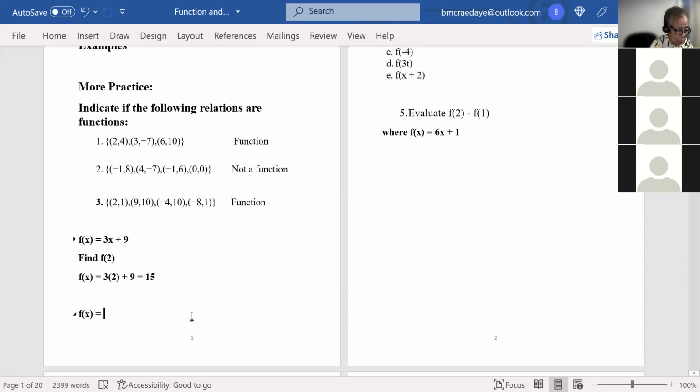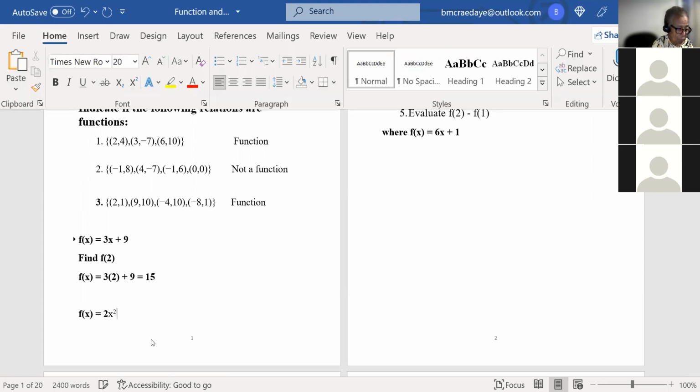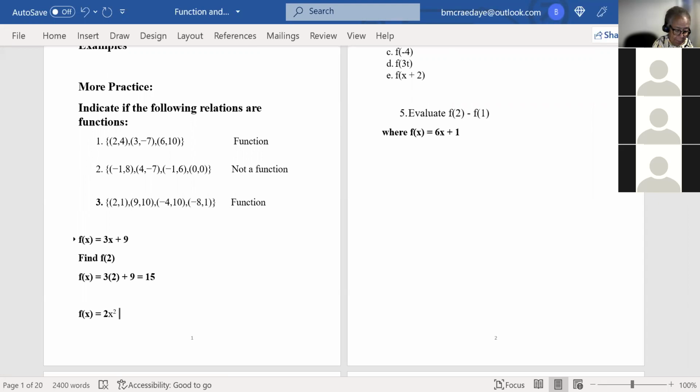Now this is equal to 2x squared plus 3x plus 10. Now, wherever you see an x, you want to put in a value.